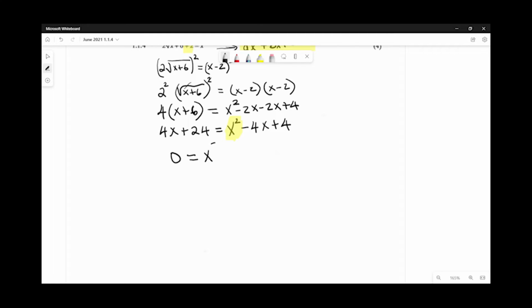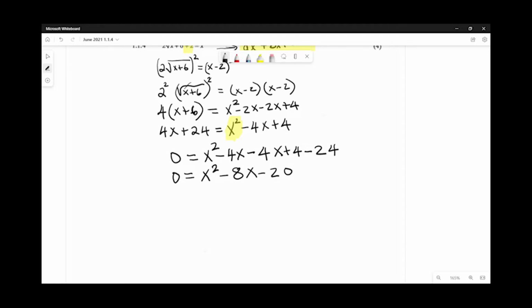We're going to have our x squared minus 4x minus 4x. This is the new x that's coming in, right? And then we have plus 4 here and then minus 24. This is the new 24 that was on the left hand side. They change signs. And then 0 equals, simplify, x squared minus 8x minus 20.